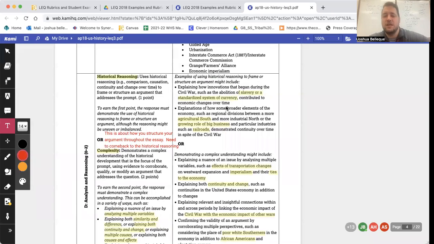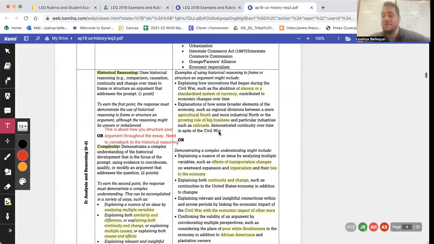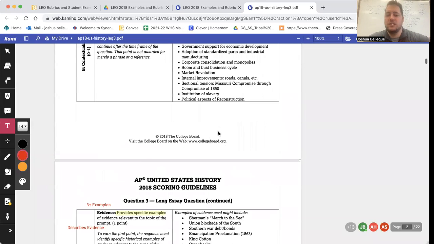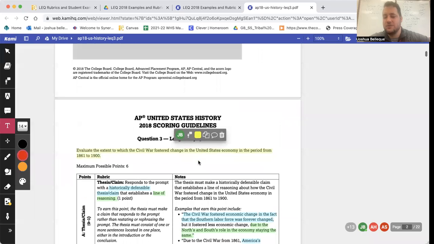They have explanations of broader elements of the economy, such as regional divisions between a more agricultural South and a more industrial North, or the growing role of business in particular industries such as railroads, demonstrating continuity over time in spite of the Civil War. So you're making sure everything is geared towards continuity or change. If you have that in your thesis and keep coming back to it, then you'll get the historical reasoning skill of explaining why things are continuity or change for this prompt, which is about continuity and change, fostering change.